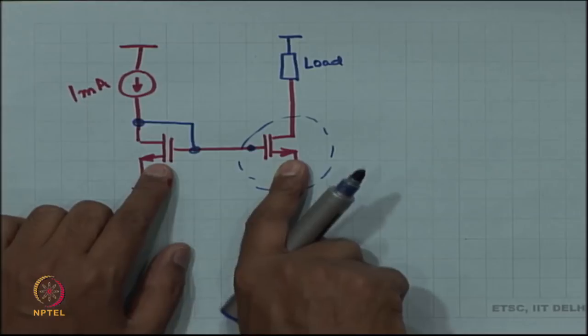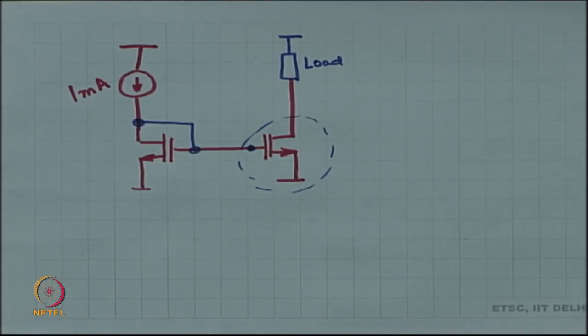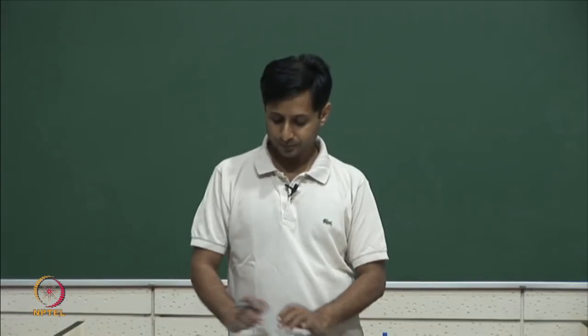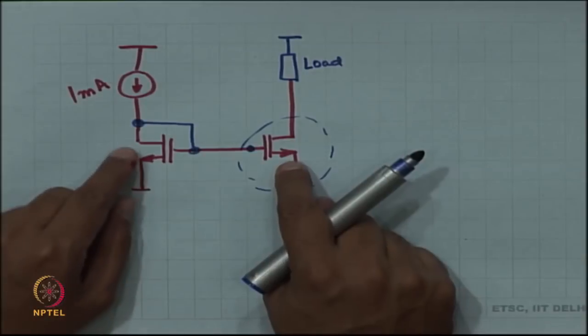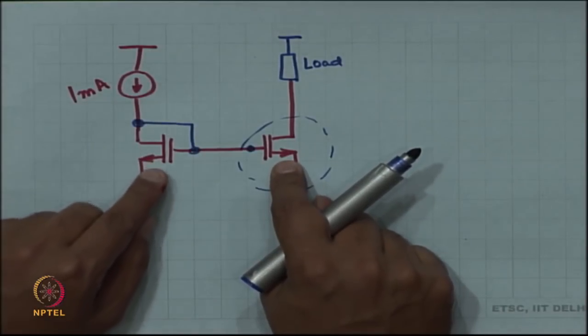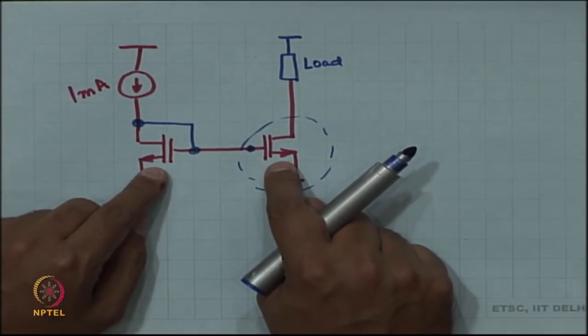They are at the same temperature, they are co-located, in the same region, in the same area, subject to the same environmental conditions. Okay. So, that is what identical means. So, these two MOSFETs are otherwise identical.